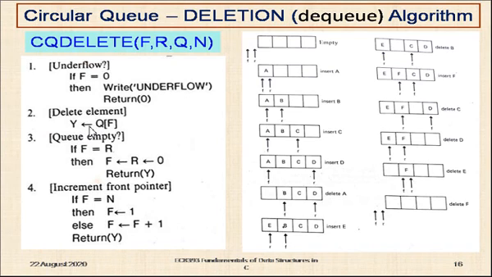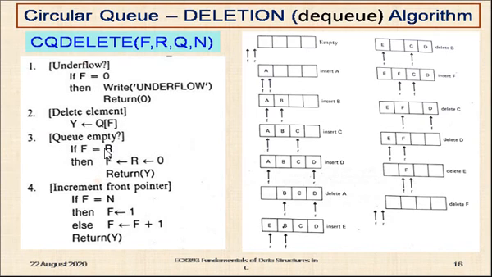So y is equal to Q of f. So Q of 1. So a will be stored into the variable y, and it checks for the queue empty condition. If f is equal to r, no. F is 1, r is 4. It is not so. So the condition fails.